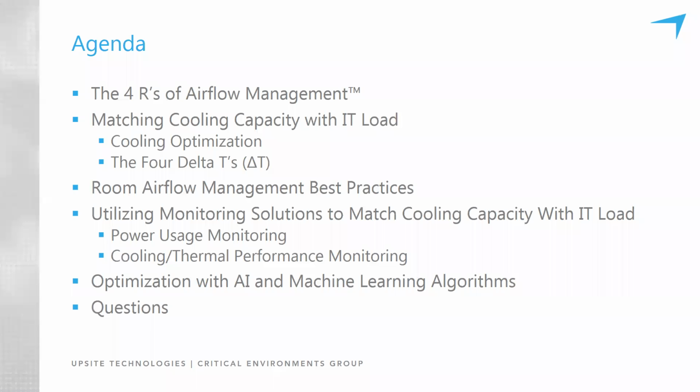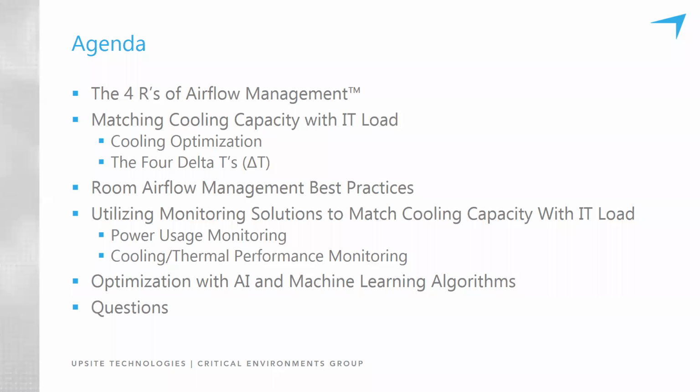We're going to briefly talk about the 4 R's of airflow management, a concept Upsite developed, and then we're going to get into the concept of matching cooling capacity with the IT load and a few very important aspects of the science behind cooling optimization.